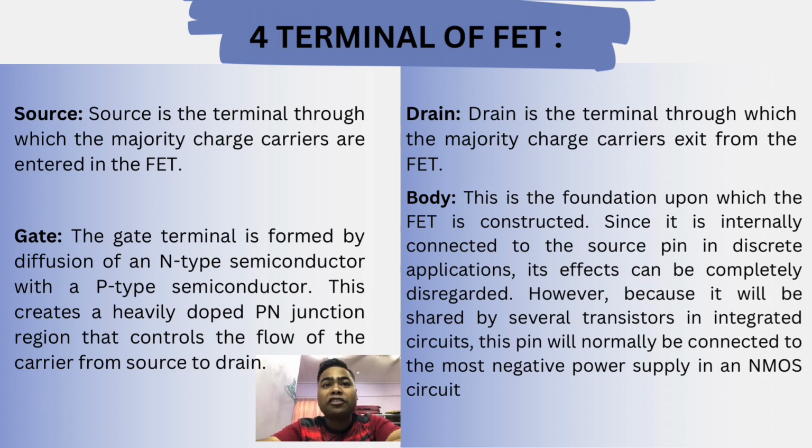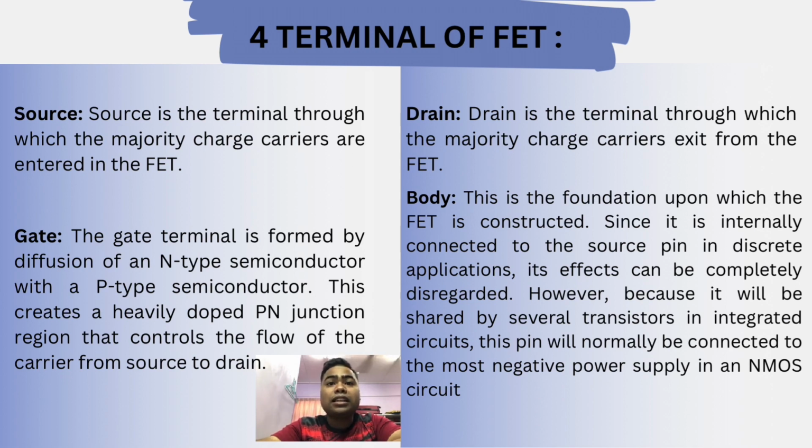Terminals of FET. First, source. Source is the terminal through which the majority charge carriers enter the FET. Second, gate. The gate terminal is formed by diffusion of an N-type semiconductor with a P-type semiconductor.